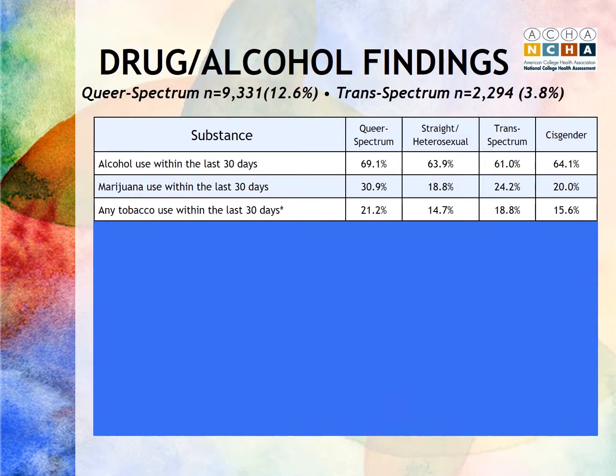Taking a look at some of the findings, let me explain first about how I've set this up. For each question, I've presented the queer spectrum. The first two middle columns there are queer spectrum versus our straight students, and then the last two columns are trans spectrum compared with cisgender students. And I should say cisgender is my term. We don't ask about cisgender on the survey.